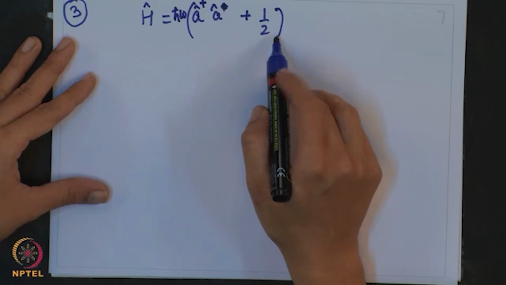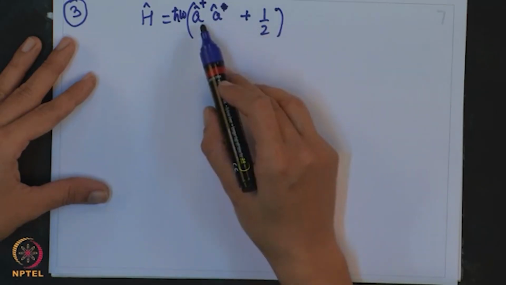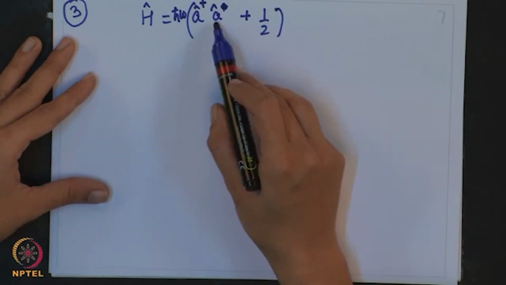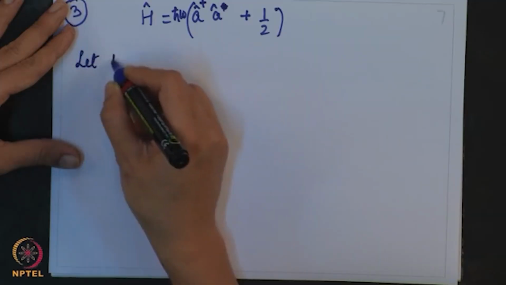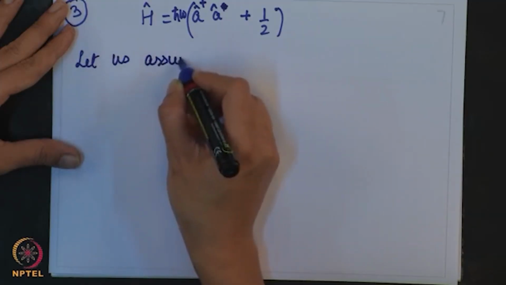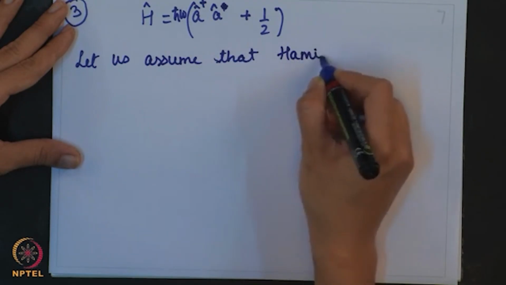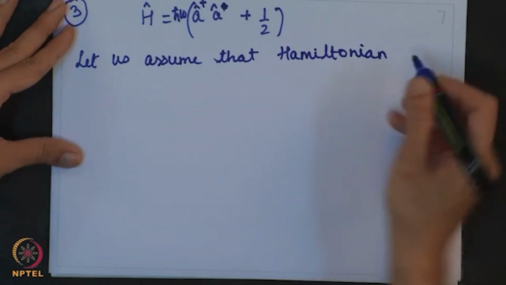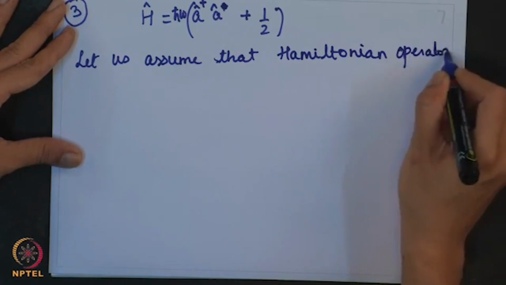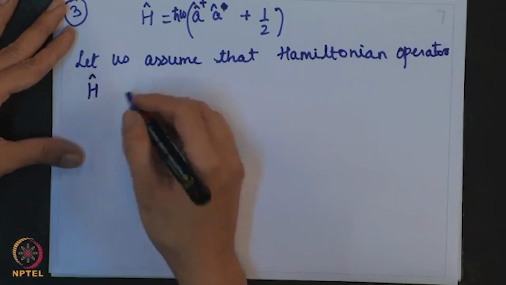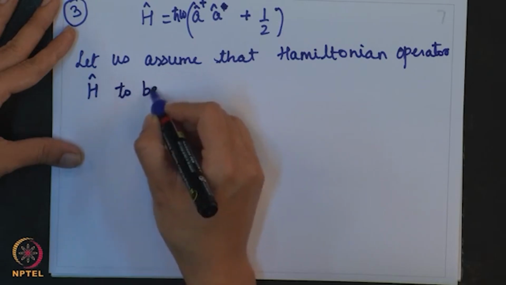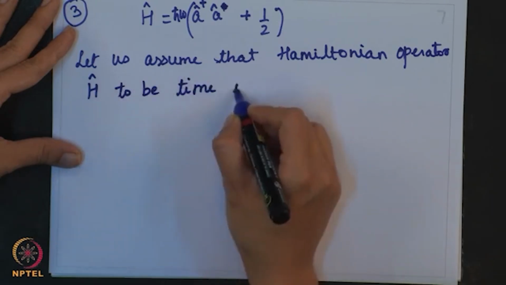We can see from here that it is time independent. The creation and annihilation operators are time independent. So, our Hamiltonian is invariant in time. So, let us assume the Hamiltonian operator, which is H, to be time invariant.